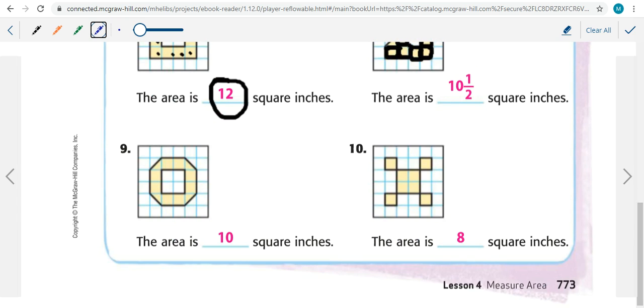Now, number 10, the area is 10 square units, and we are going to see why. The first step is to count the whole ones.